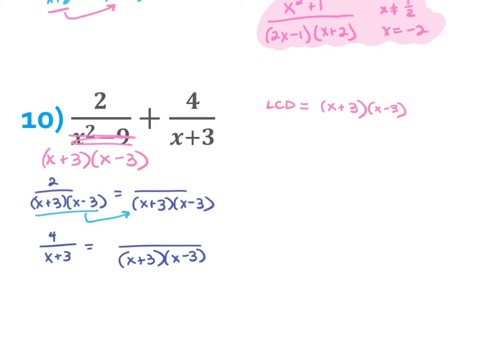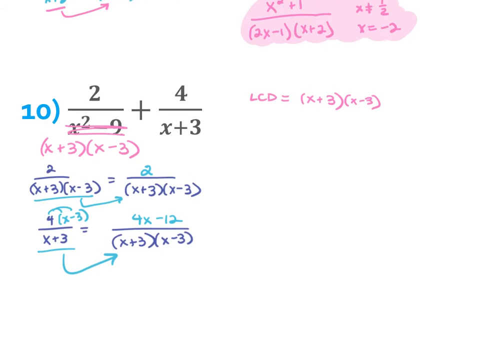Kind of a trick question, because what's missing? Nothing, which means I keep my numerator as a 2. I don't have to change it. But if I look at the second one, x plus 3 to x plus 3, x minus 3, that one's missing the x minus 3. So then I distribute the 4, x minus 12.